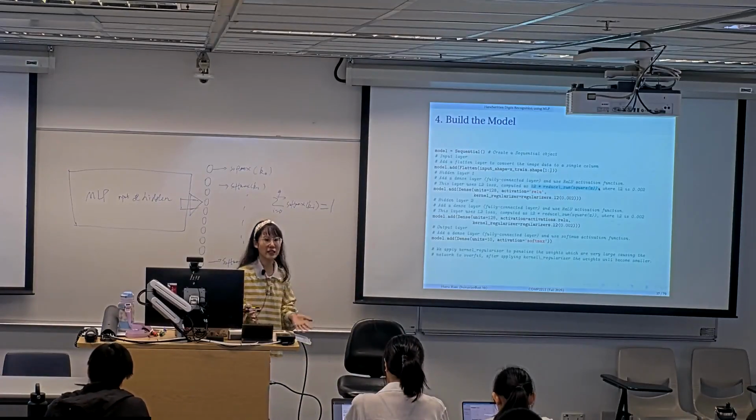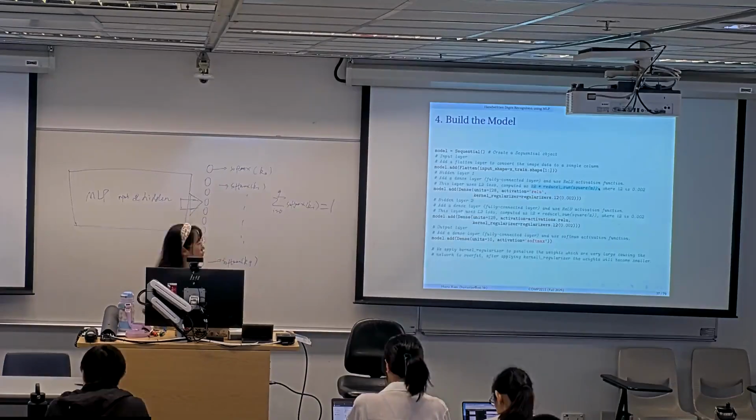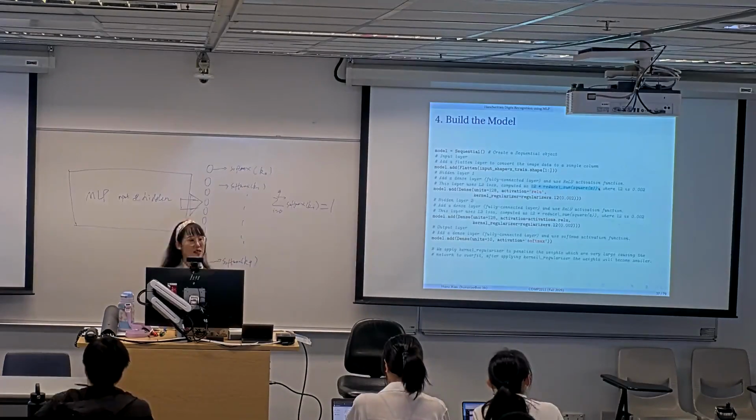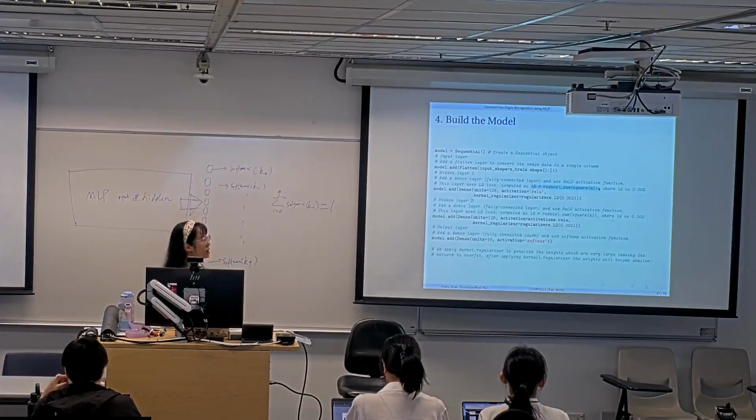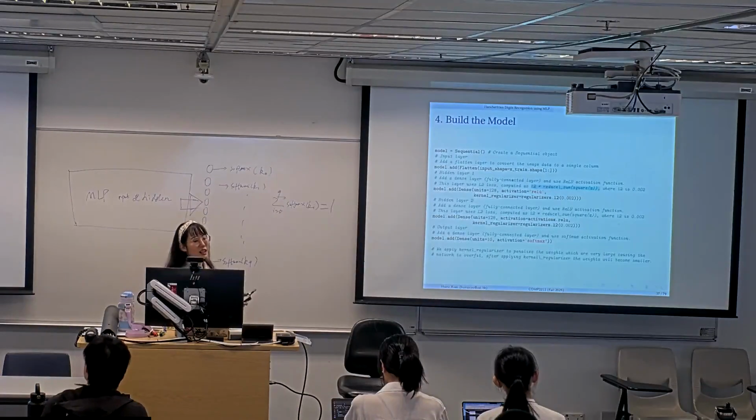Some of you may also ask that we have another term to control the speed, the learning rate, right? Why not directly set the learning rate to be such a small number? Why do we especially deal with the hidden layers? This is because we only want to penalize the hidden layers' parameters.